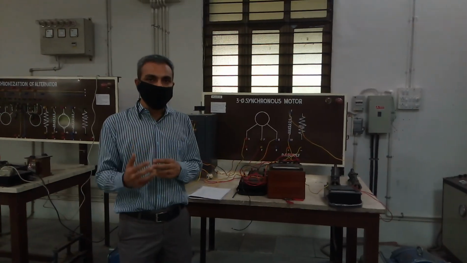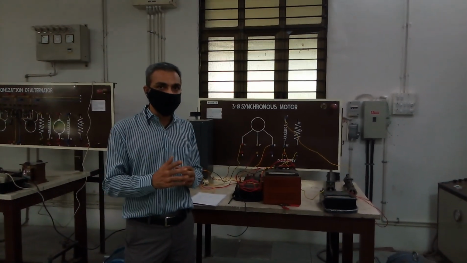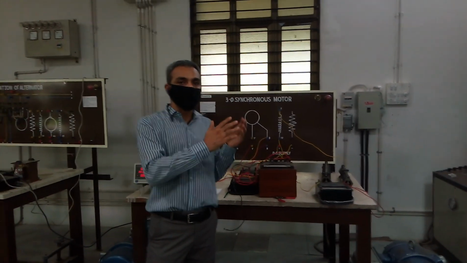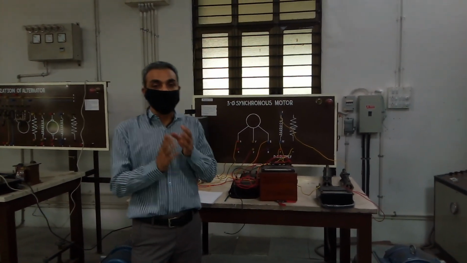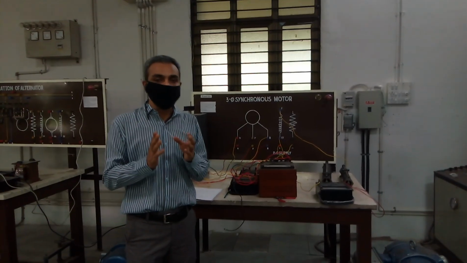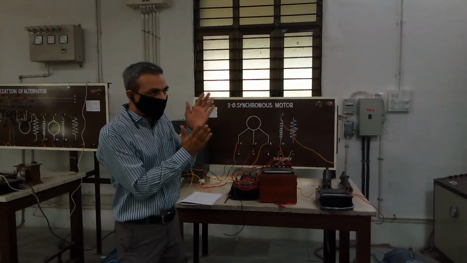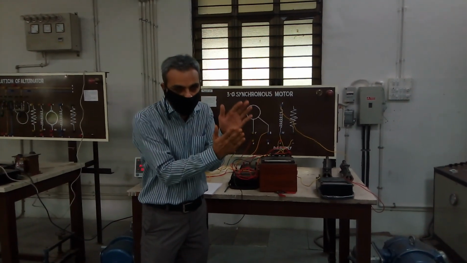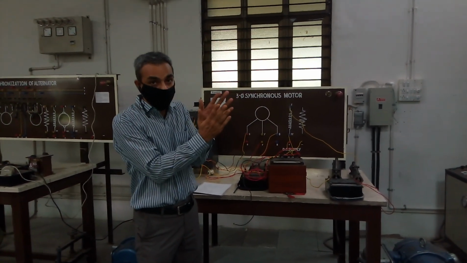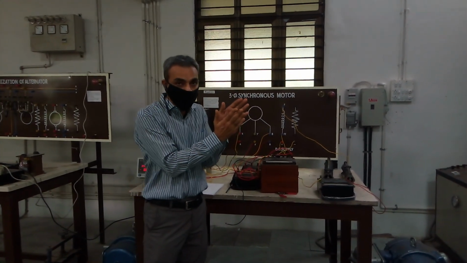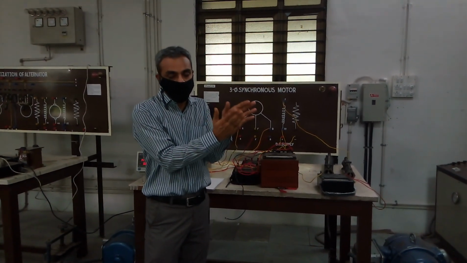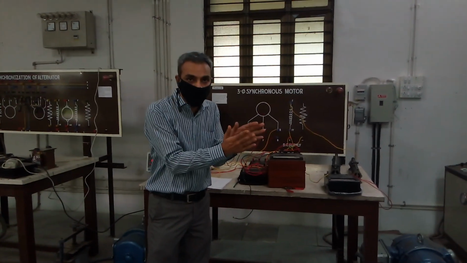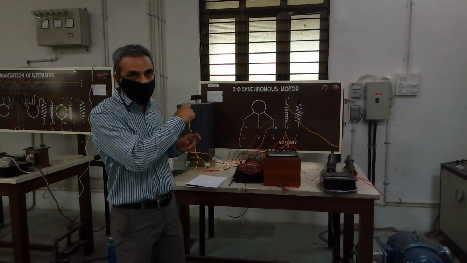Now as you go on increasing the DC excitation, gradually the current taken from the source is going to decrease as the EMF vector E increases. So both V and E become almost equal, and at some point V and E are the same. That gives technically a unity power factor condition, and the current at that time is minimum, right?